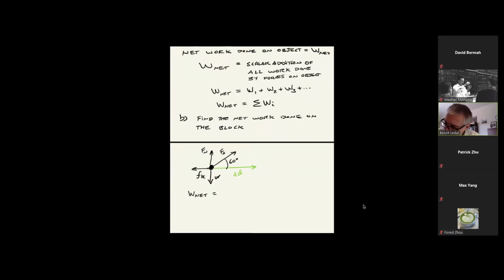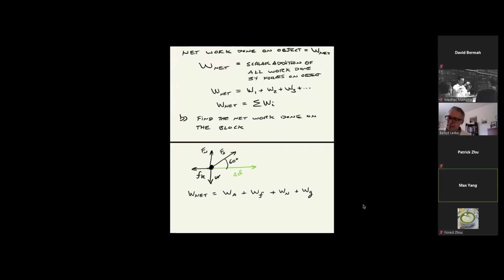So it's going to be the work done by the applied force, which I'm going to call A, the work done by friction, which I'm going to call W with little f, plus the work done by the normal force, which I will call N, plus the work done by gravity, which I will put G.